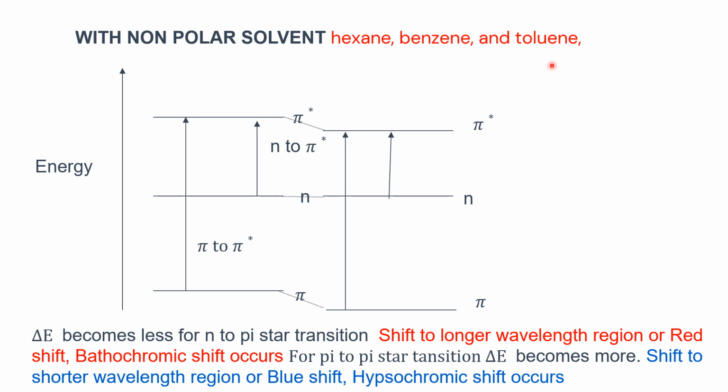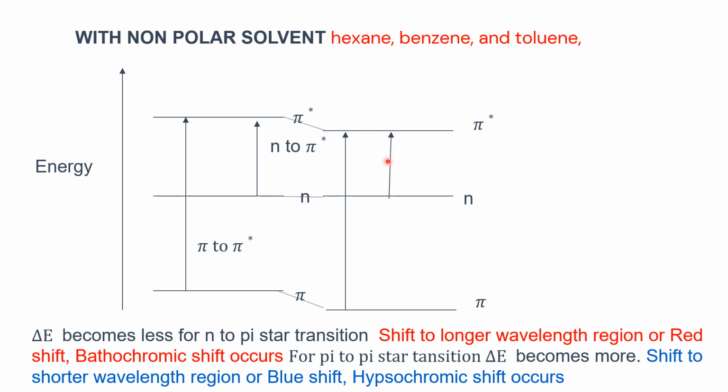With non-polar solvents like hexane, benzene, toluene, what happens is, as I told you, n won't change much because it is the most polar, non-bonding orbital. Compared to n, pi star will be slightly reduced and pi will be reduced more. So for the n to pi star transition, its delta E value will be less.